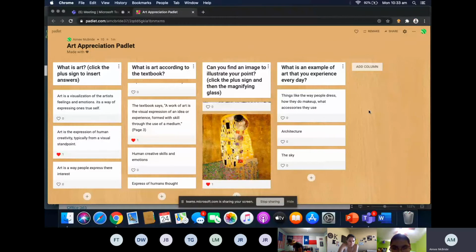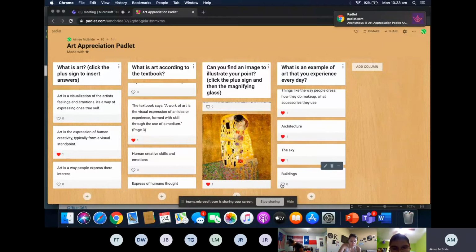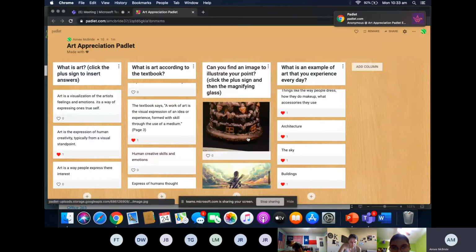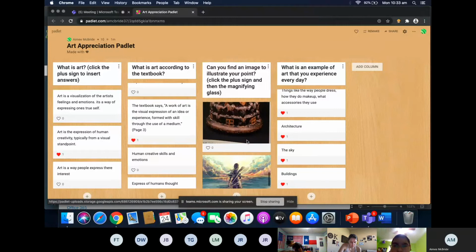And what is an example of art that you experience every day? Yeah, I agree. Architecture, the sky, buildings, yeah. Give you guys a little bit more time to answer those if you're still adding on.